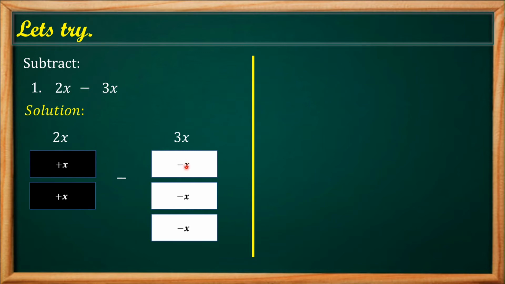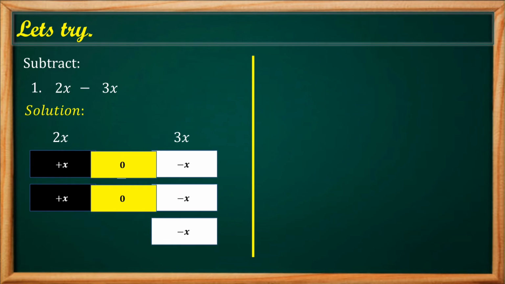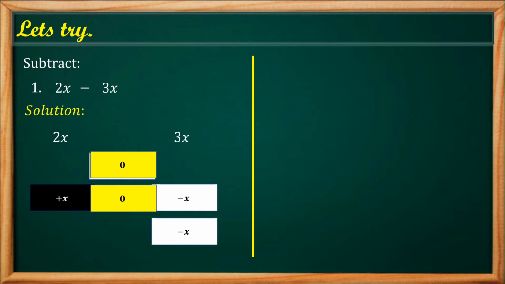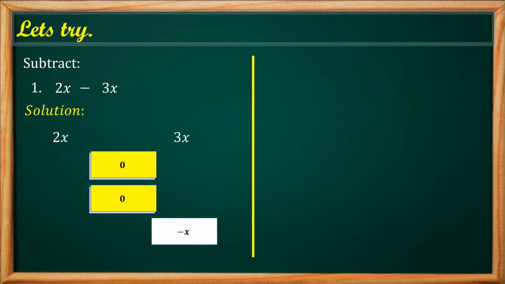That is why it becomes negative 3x. Meron tayong negative 3x. Then after that, we will combine. Ang mangyayari, nag-combine si white at saka si black. Since nag-combine sila, it becomes now 0. The same with the other black and white, combine sila, then it is 0.